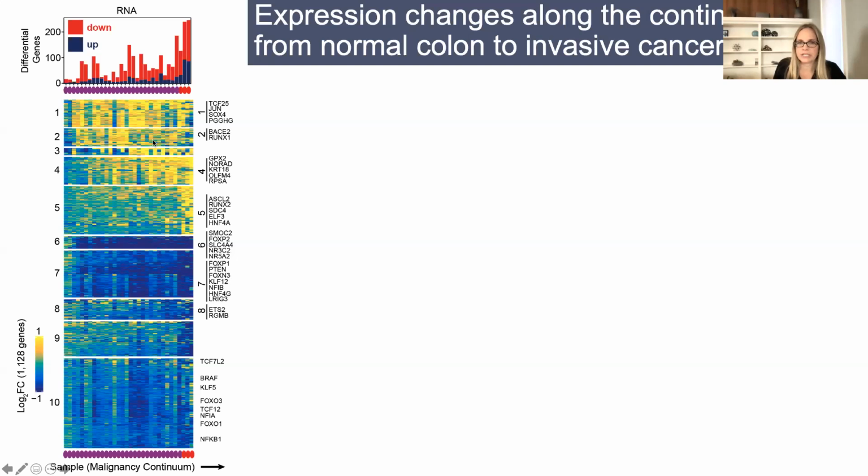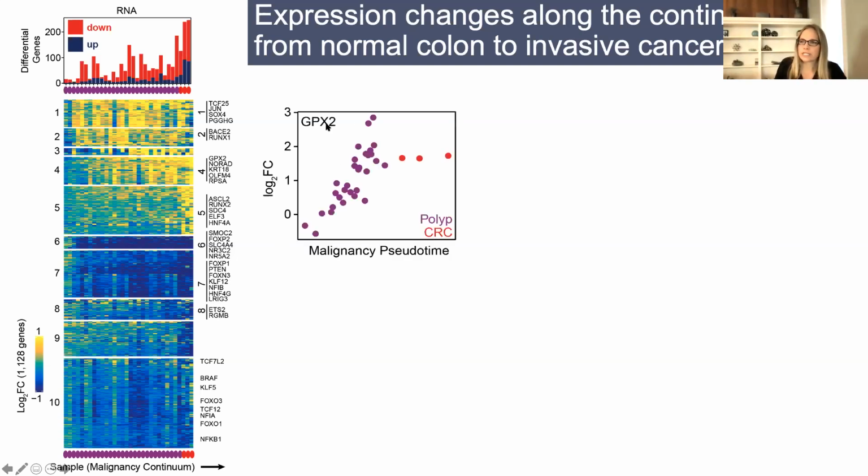This heat map illustrates the genes that were differentially expressed, where samples are ordered along the continuum to malignancy, and these are log2 fold changes. What's intriguing is that the GPX2 gene seems to be really enriched in stem cell-like markers, and we see that this increases relative to unaffected normal. Importantly, GPX2 is thought to control oxidative stress within the colorectal cancer microenvironment.